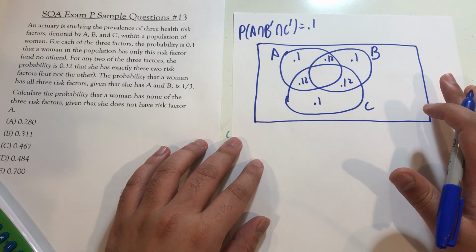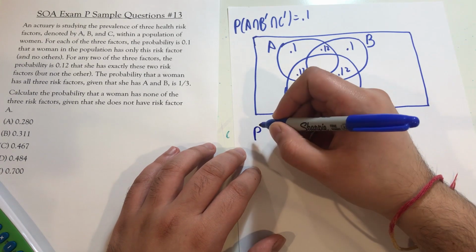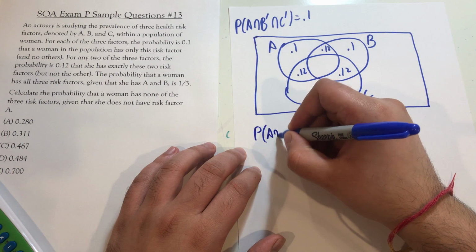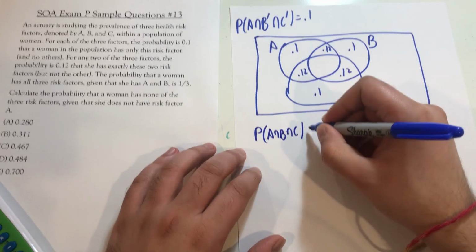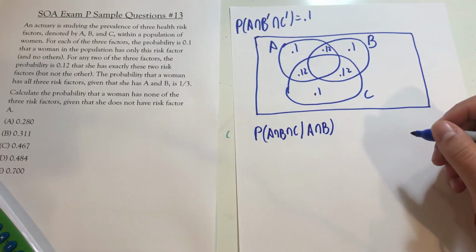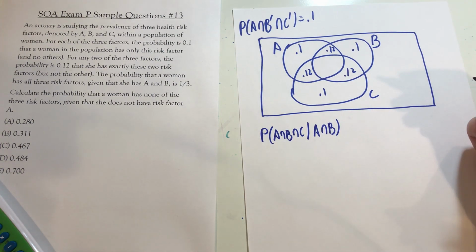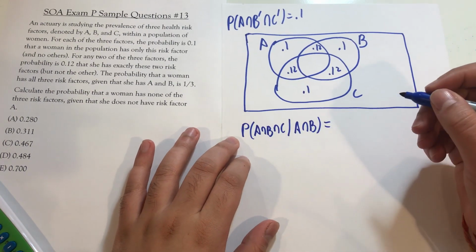So the conditional probability that a woman has all 3 risk factors, so the probability that she has A and B and C, given that she has A and B. All right, they give us this as being 1/3. Now, what is this? We should be familiar with the formula for conditional probability.